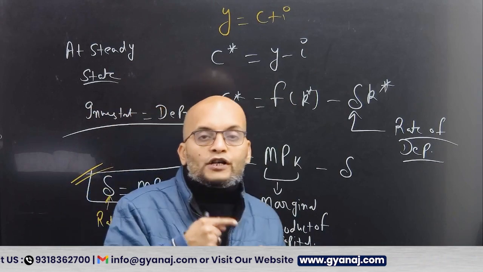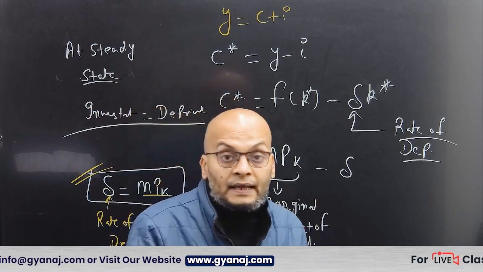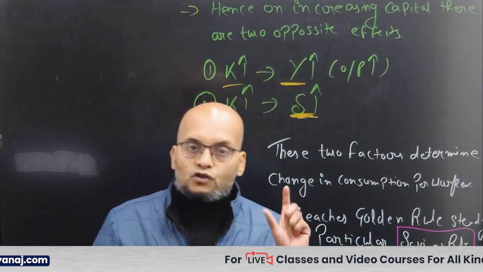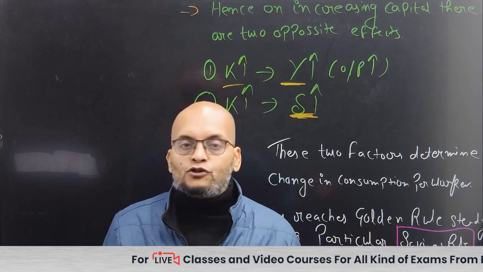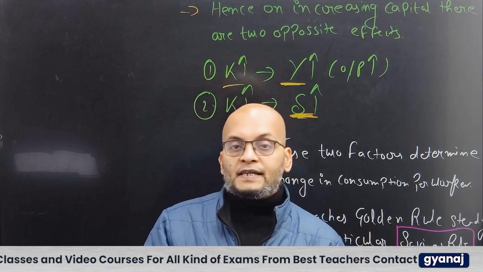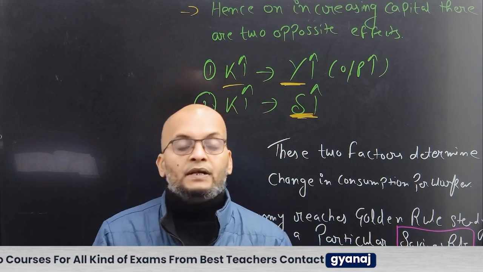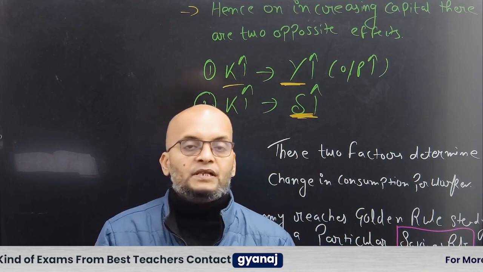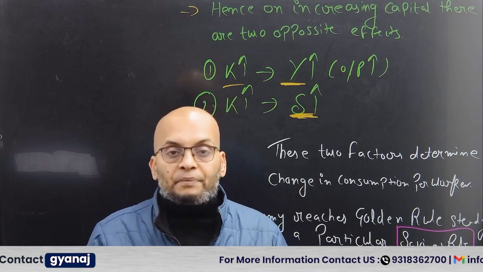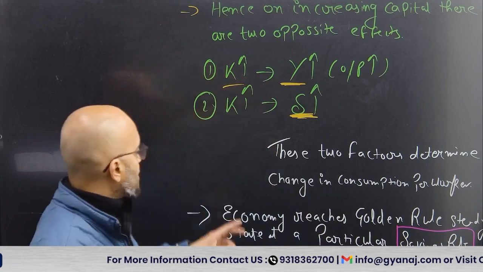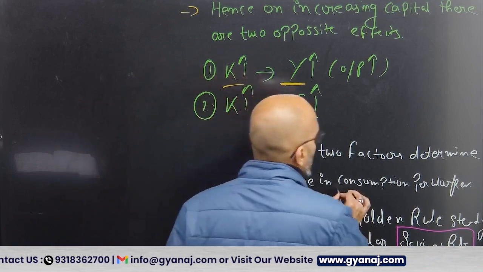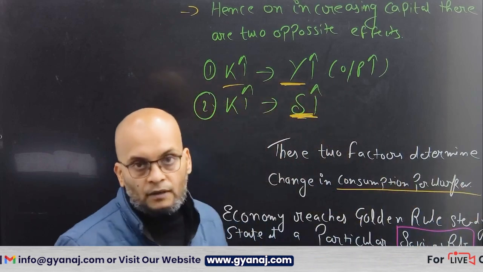So if you are going to increase the capital, then depreciation is also going to increase. So output is increasing, that was very much obvious, but in golden rule steady state, since marginal product of capital is equivalent to rate of depreciation, on increasing capital, your depreciation will also increase. Fine. And these two factors are going to determine consumption per worker.